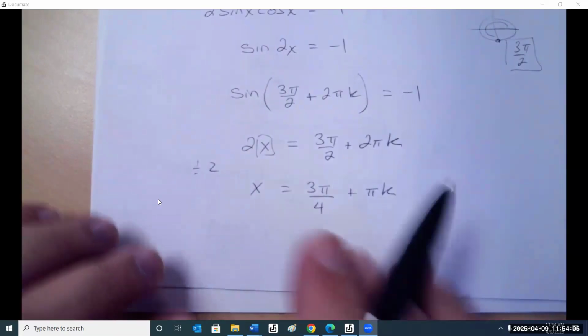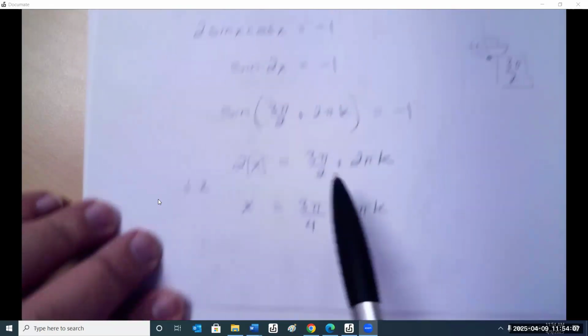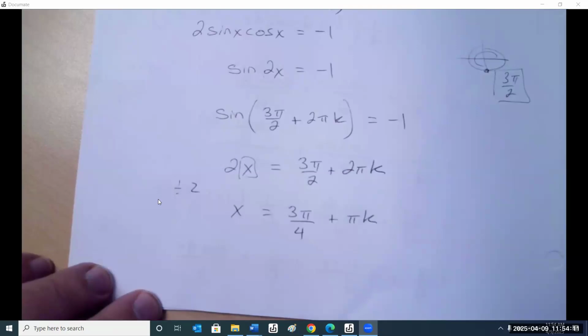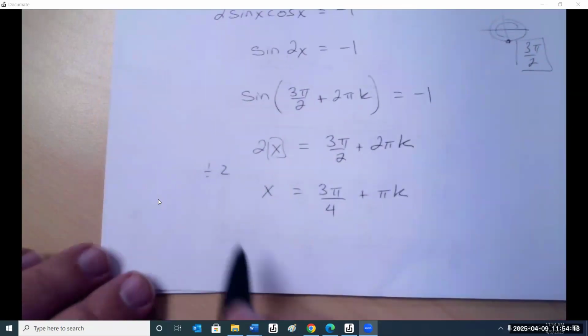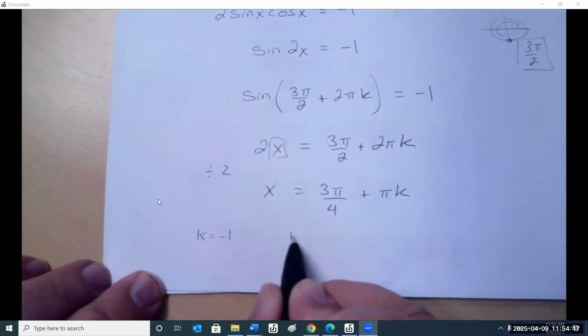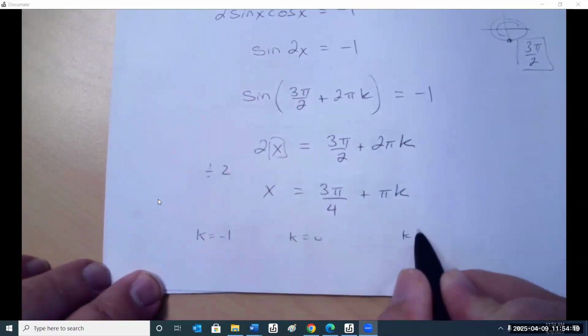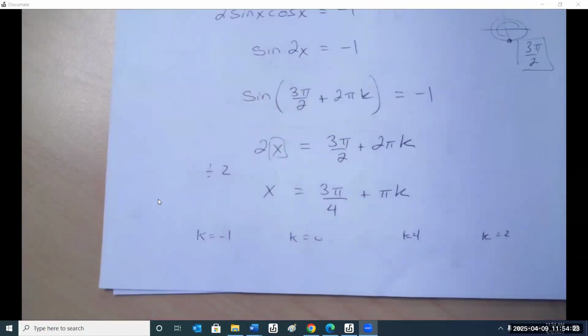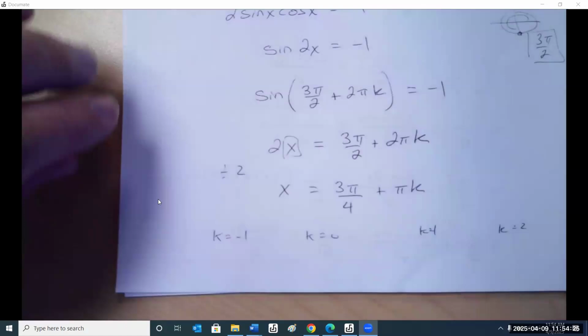Why is it this? Because remember, it's a double angle. This is for sine 2x. So when we look at when k equals -1, when k equals 0, when k equals 1, when k equals 2, we just calculate those and see what we get till we start repeating itself.